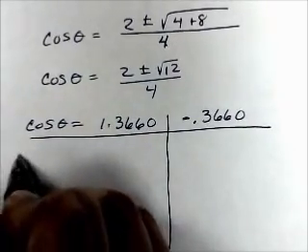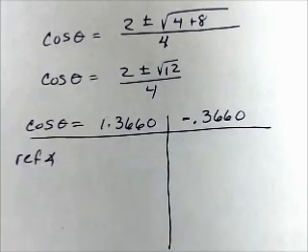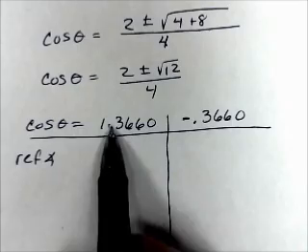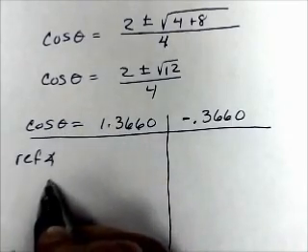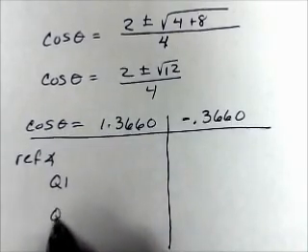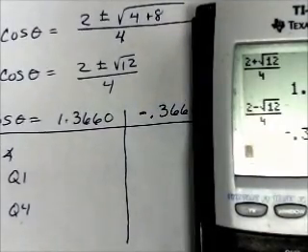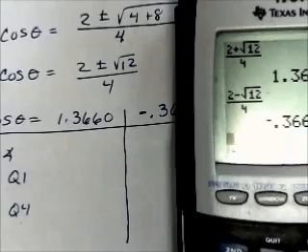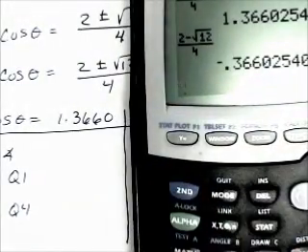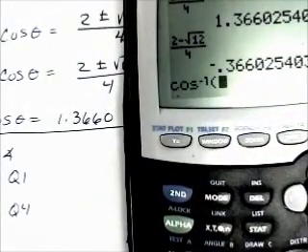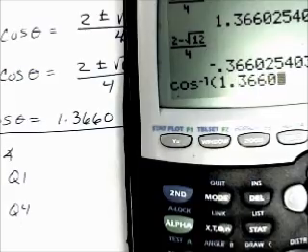Reference angle. All right. This is a positive value for cosine. So cosine's positive in what quadrants? 1 and 4. Oh, but cosine of an angle can't be over 1. So this is going to give us an error. So second cos 1.3660.